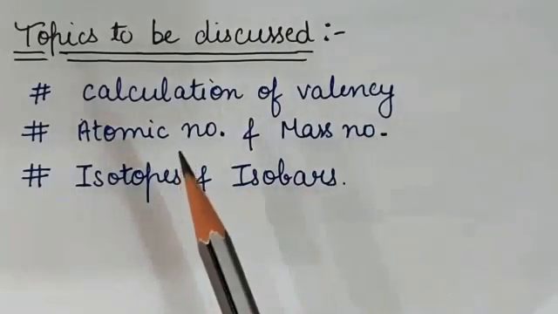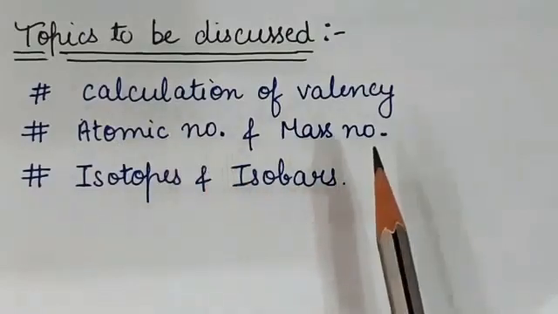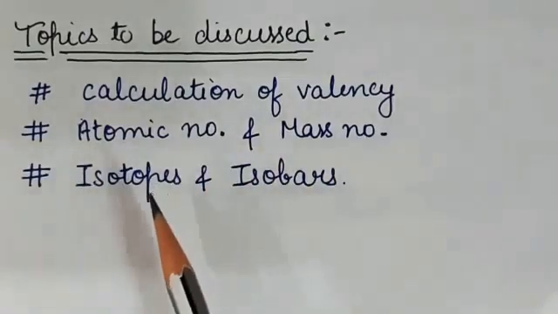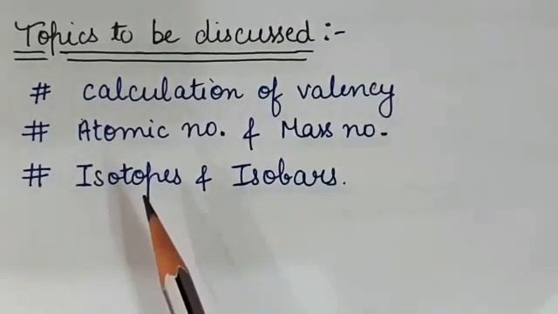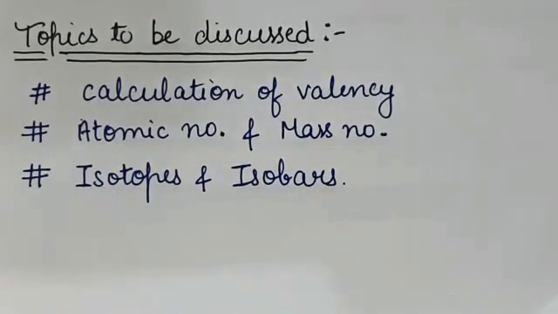After that, I shall take what is atomic number and what is mass number. And lastly, what are isotopes and isobars. So these are the several topics which we would be discussing today. So let's start.